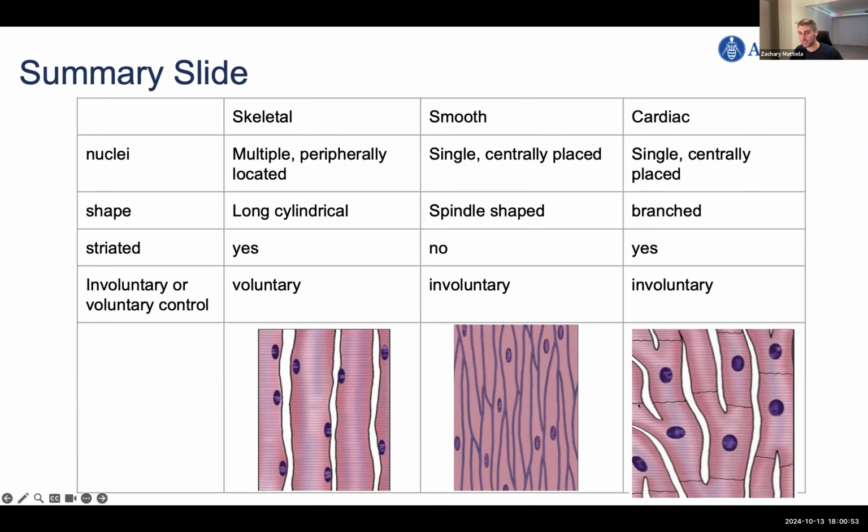There are no striations because they don't have sarcomeres, and they're also under involuntary control. Cardiac muscle: centrally placed nuclei with striations, with branch points. There are single cells connected at these intercalated discs. And it's also under involuntary control.